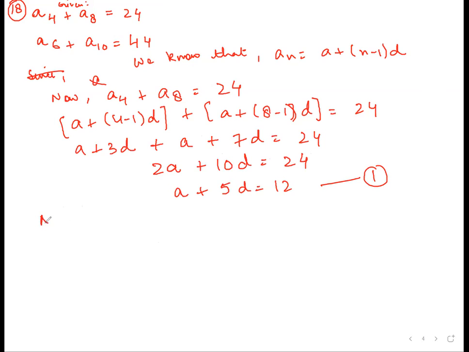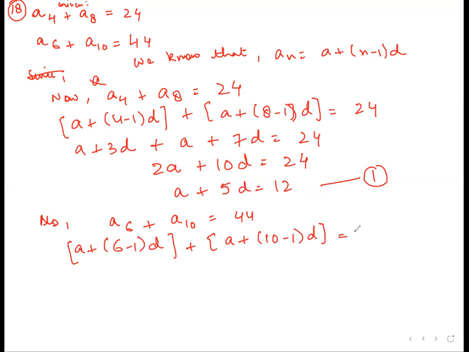Also, a6 plus a10 is equal to 44. Write it similarly. A plus 6 minus 1 into d plus a plus 10 minus 1 into d is equal to 44. So what is the equation you are getting from here, Rida?